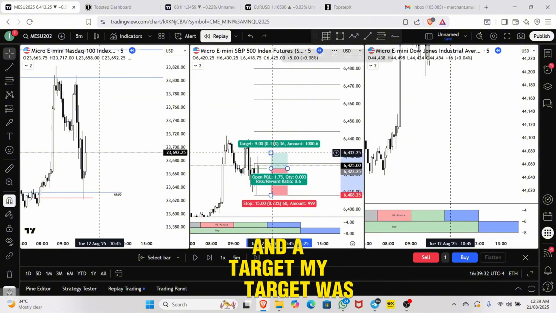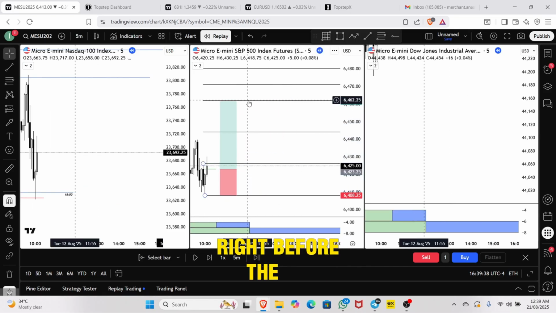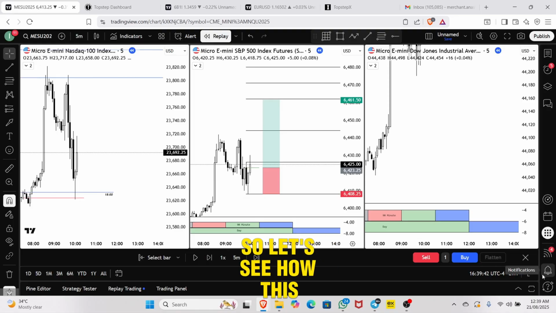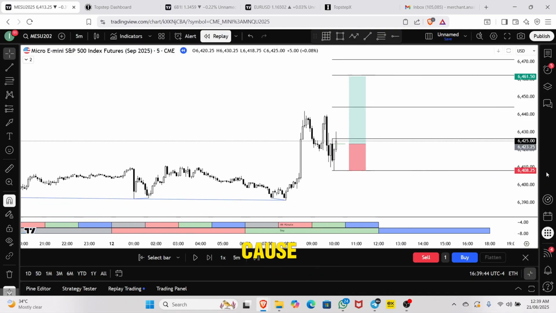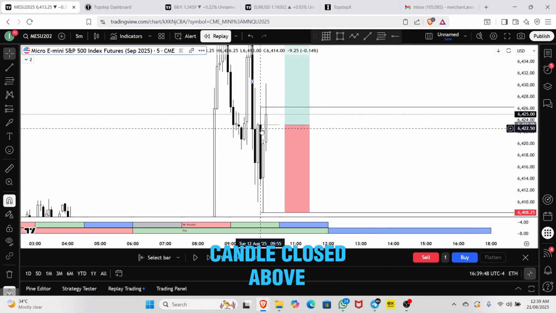And my target was a very small target, I guess 6150 or something, right before the second standard deviation. Okay, so let's see how this one played out, because we're not tapped in yet. I've placed my entry once this candle closed above this.